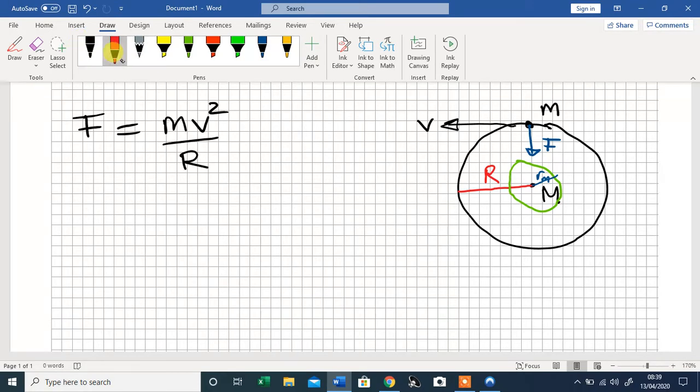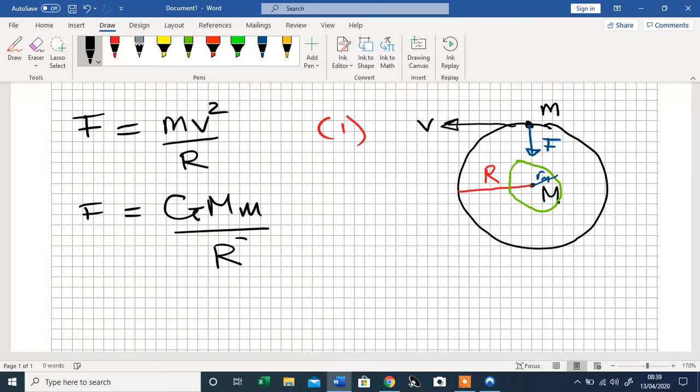So that's force 1. And we've also got a second force, which is big G, big M, little m, all divided by r squared. And we'll call that equation 2. So we've got equation 1 there and equation 2.